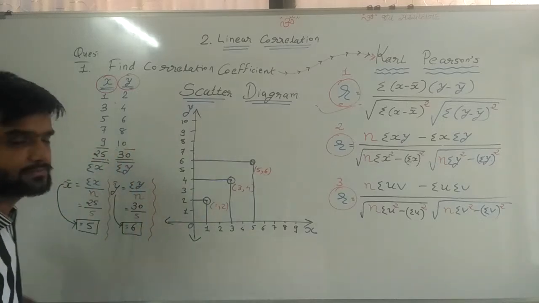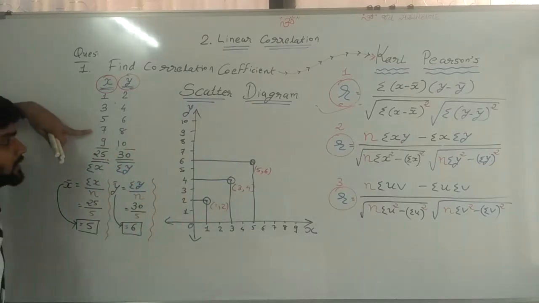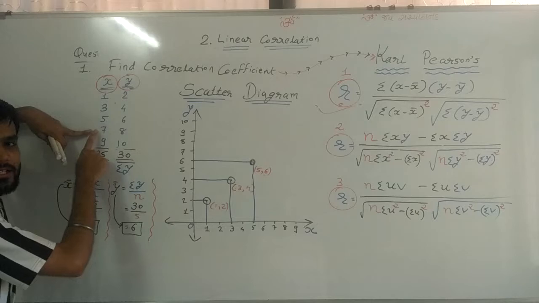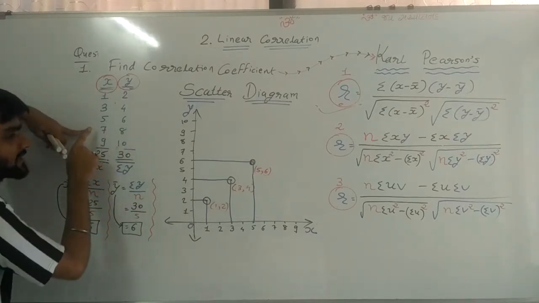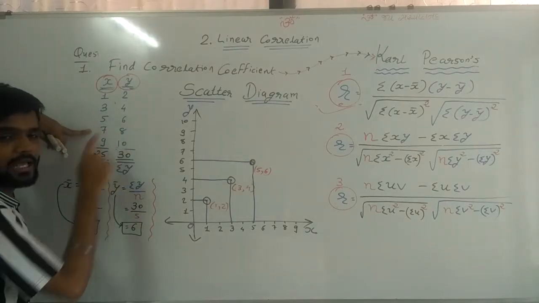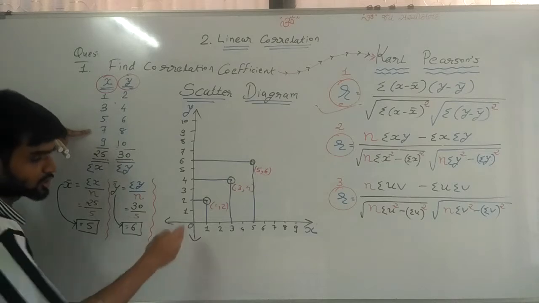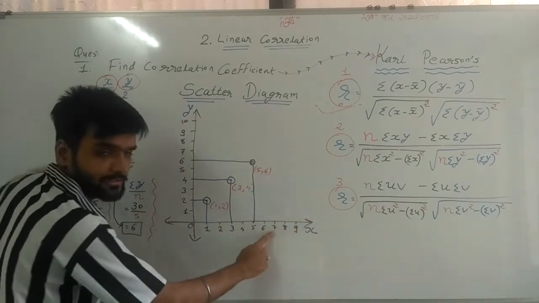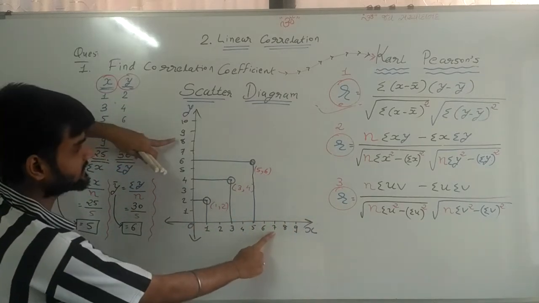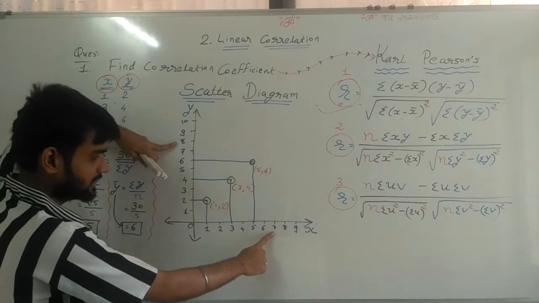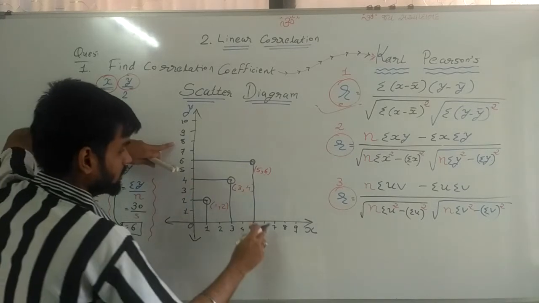The next point is given. The point is 7 and 8. On the x-axis 7, on the y-axis 8. So on the x-axis 7 and y-axis 8, now I can plot the point.